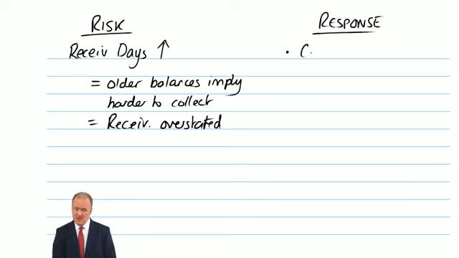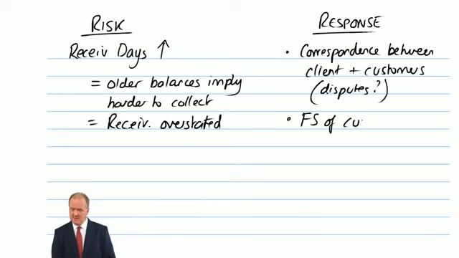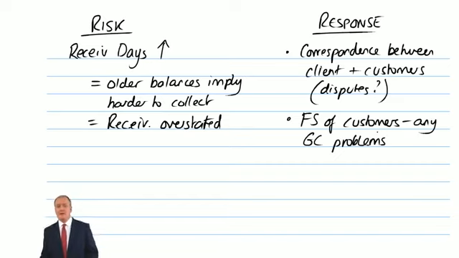So I'd be looking at correspondence between my client and their customers for any evidence of disputes, maybe even the financial statements of the customers, to see if there's any indication that those companies are in trouble. Remember, accounts are publicly available documents.